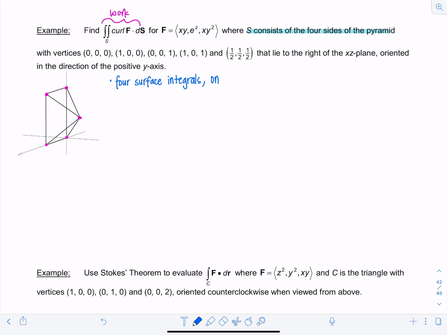One on each face of the pyramid, yes? Okay, and then each surface could be done or evaluated using 3 line integrals.